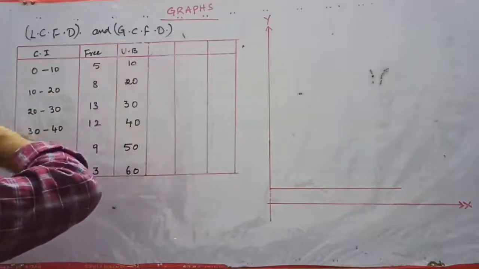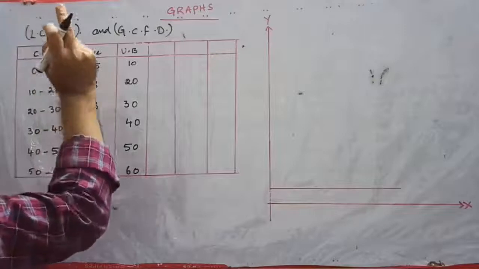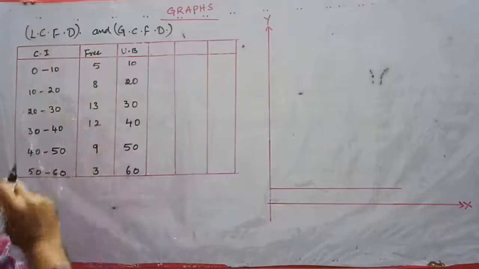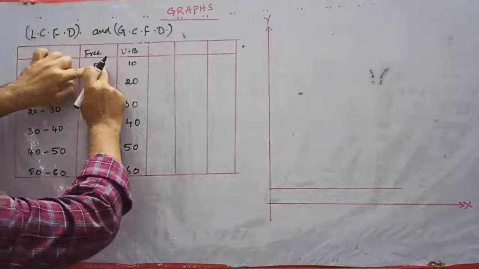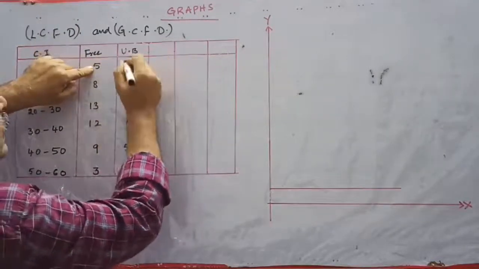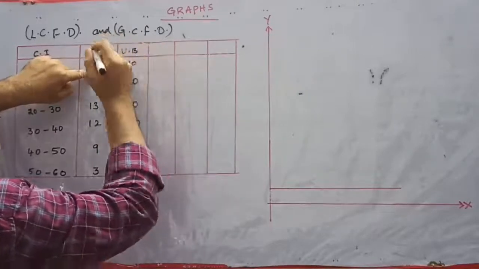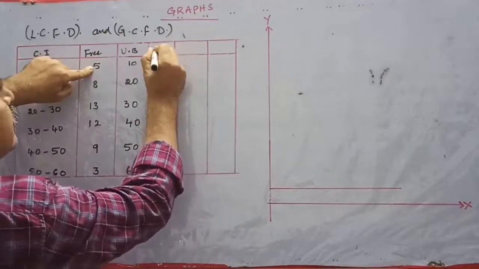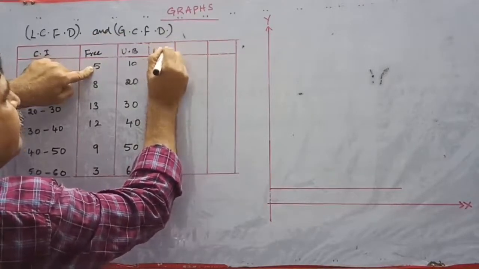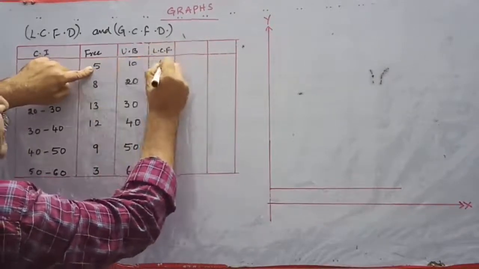Now we have to find the less than cumulative frequency distribution. So how to find it? Already we found the frequency values. For LCF, first you write the first frequency, 5.